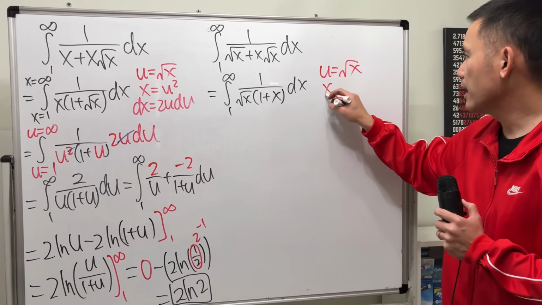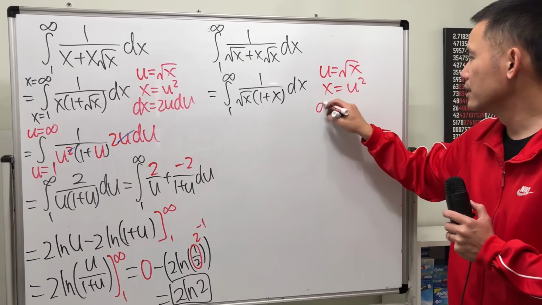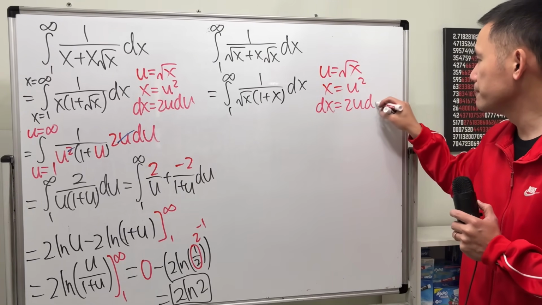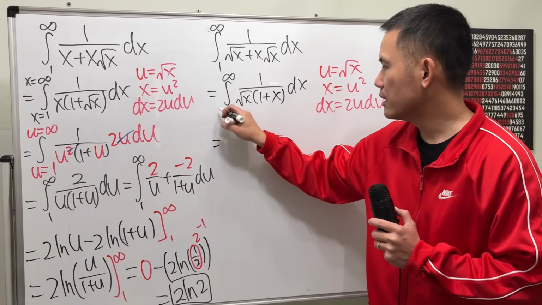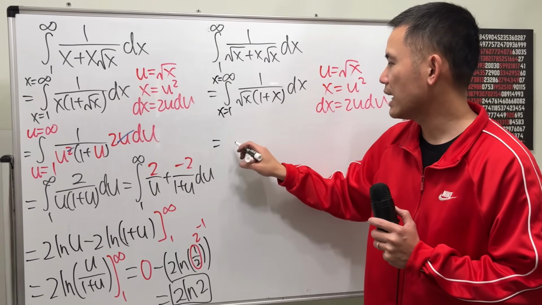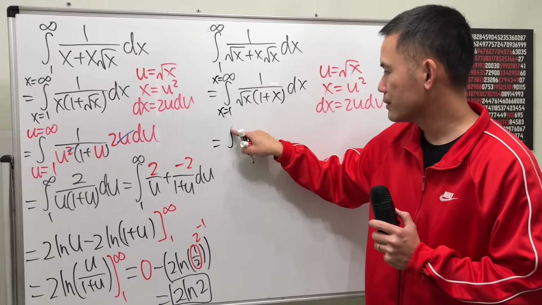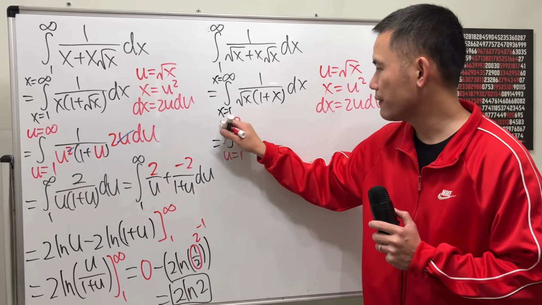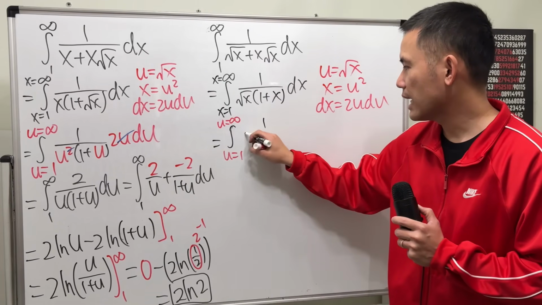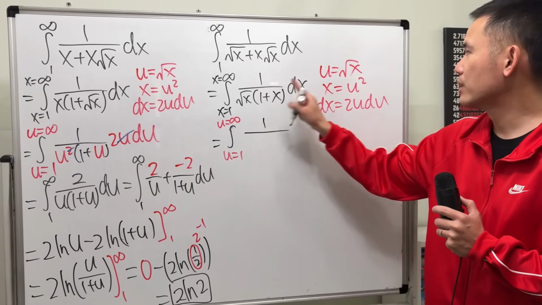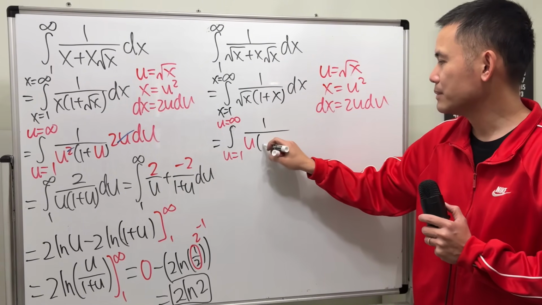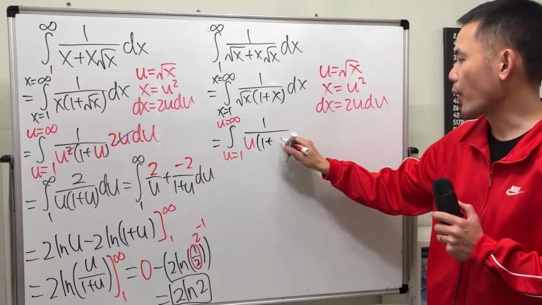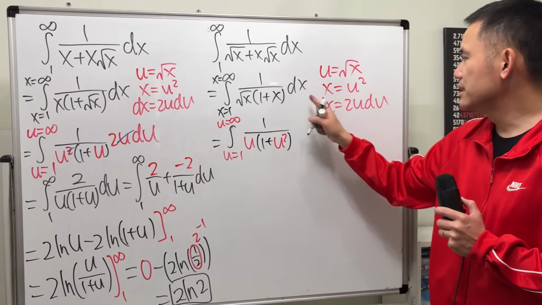Do the same thing, x equals u squared, dx equals 2u du. Same idea, x equals this, x equals that, meaning we get u equals 1 to infinity. This time though, we have 1 over u times 1 plus, this is u squared. This is 2u du.